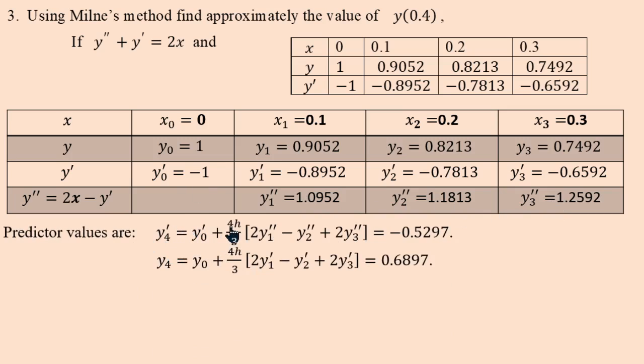y0 dash minus 1 plus 4 into 0.1 by 3, the increment is 0.1 in x, h is 0.1, 2 times of 1.0952 minus 1.1813 plus 2 into 1.2592, that is minus 0.5297. y4 is y0 1 plus 4 into 0.1 by 3 into 2 times of y1 dash, 2 into minus 0.8952 minus 0.7813 plus 2 into minus 0.6592.